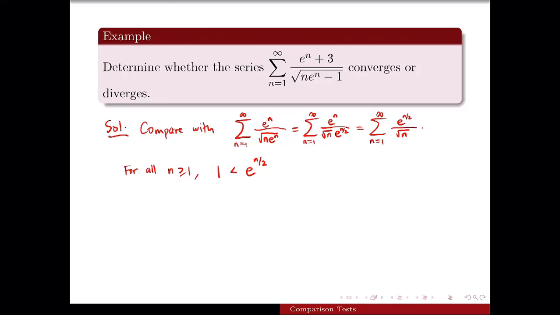Well, if you look at the graph of the exponential function, it will be something like this. This is 1 here. If n equals 1 in here, it's greater than 1. So you know that 1 is less than e raised to n over 2. So I have here 1 over square root of n, which is less than e raised to n over 2 over square root of n.